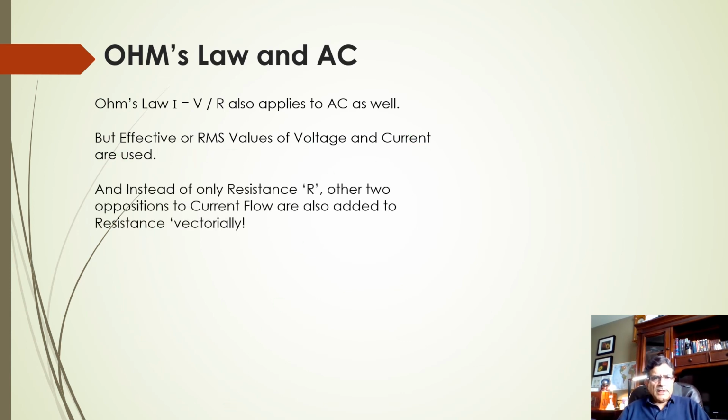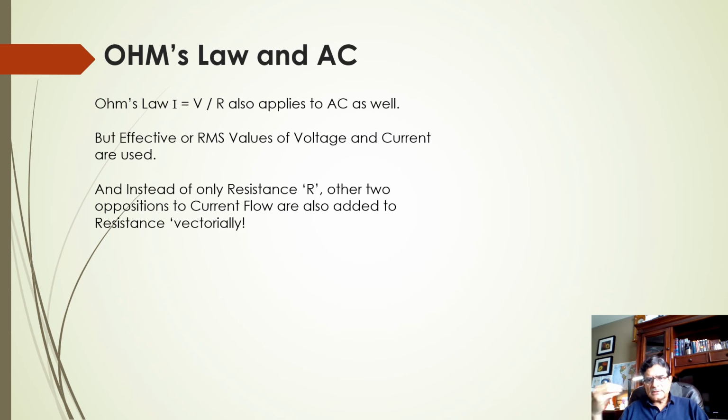And now in AC, again, this is something that we can talk about in another video. AC circuits have not only resistance, they have two other restrictions in addition to the physical resistance of the copper wire or of the aluminum wire.